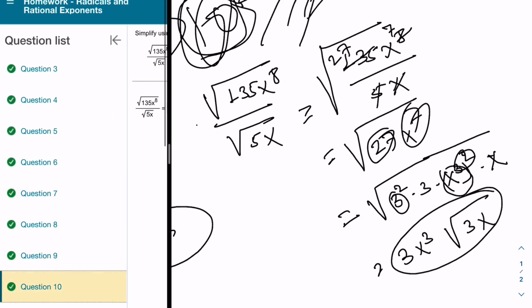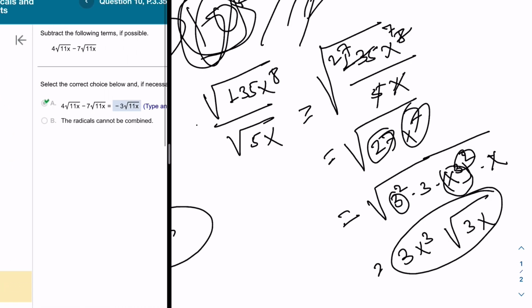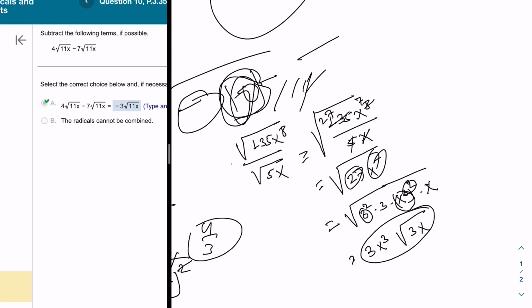Now let's move to question number 10. It's pretty much the same thing.